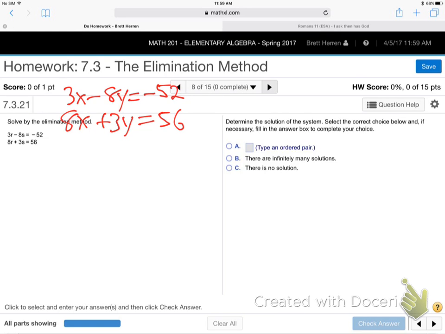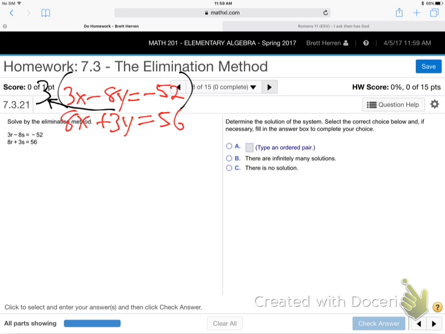So what do you do when they both have a number in front of them? I'll multiply the equation by the opposite one, right? So I'm going to multiply the top equation by what? 3. Everybody tracking with me?